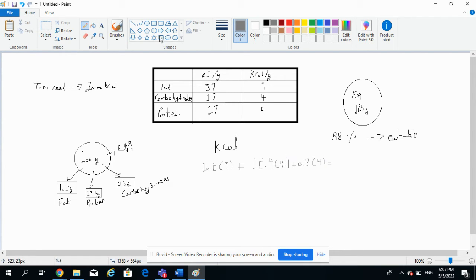Just put that in your calculator. Let me just correct this. So this is 4. You're finding it in kilocalories, remember that?